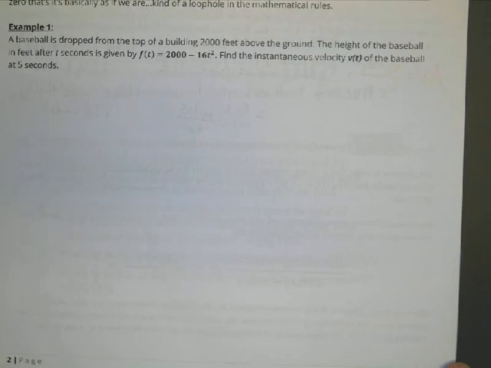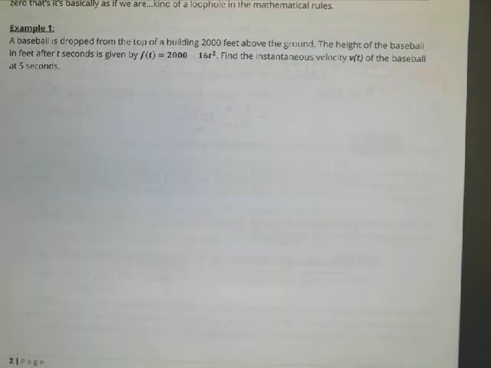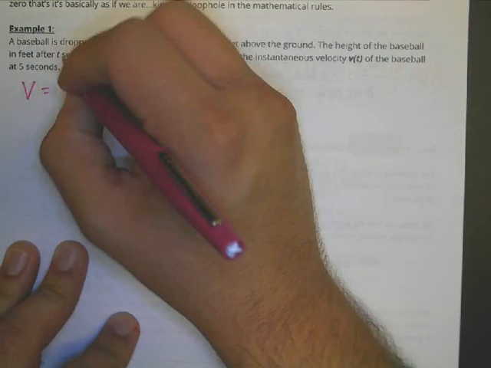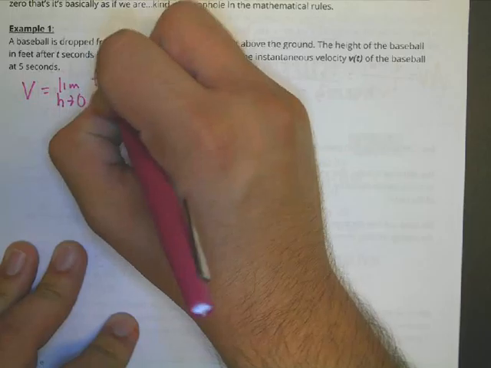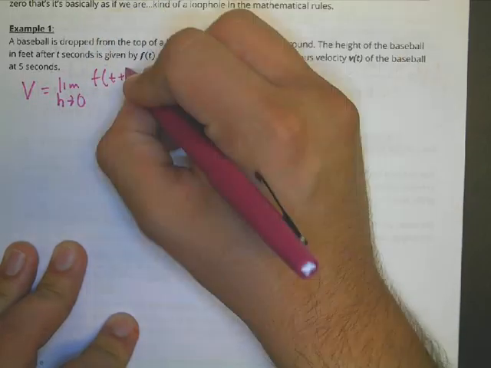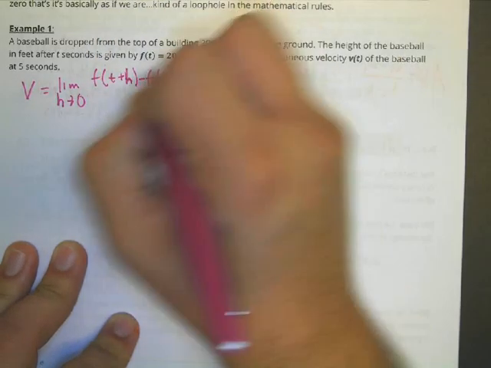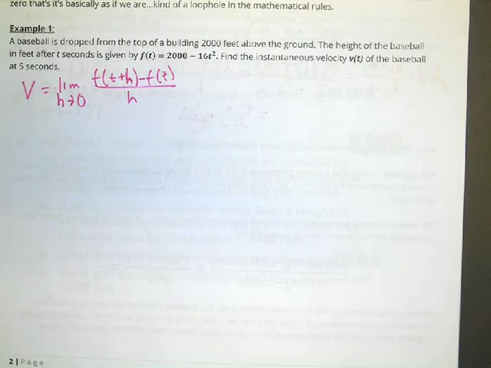Okay. So we're asked to find what velocity? Again, instantaneous. Good. So for this one, instead of using the average, we're going to use that limit one. Your instantaneous velocity is equal to the limit as h approaches 0 of f of t plus h, minus f of t, over h. So we're going to use that formula.